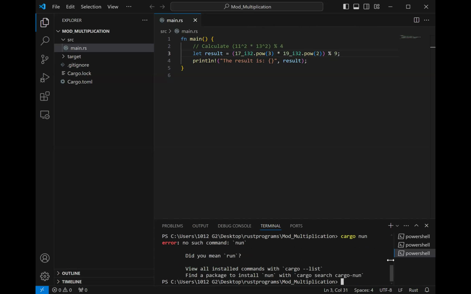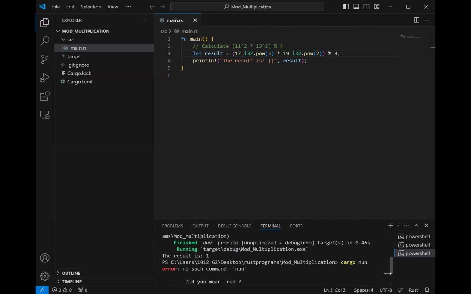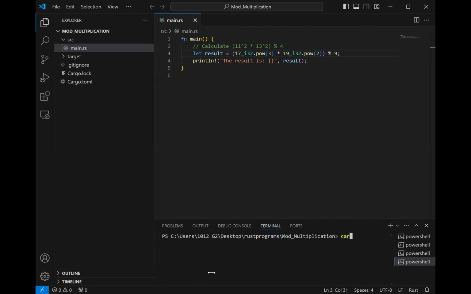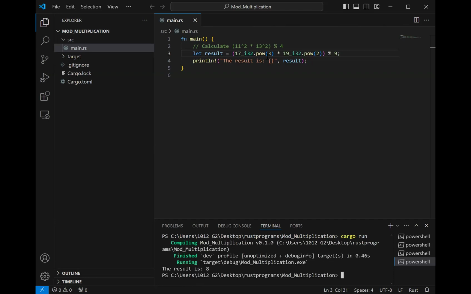When you go to 3, what does it say? Oh, no. I typed something. It's supposed to be cargo run, so it wrote something different. Yeah, the answer is 8. The remainder is 8. So I increased this power.